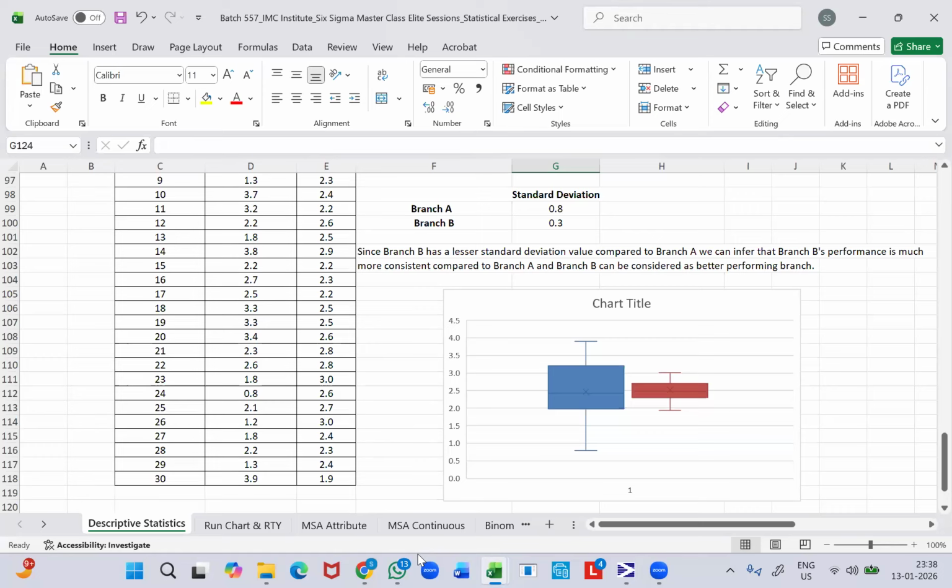In our Six Sigma project, our focus will be to reduce the process variation. And for that, we need to ensure that the measurement system variation is as minimum as possible, right? So the criteria limit is that the measurement system variation should ideally be less than 10%.